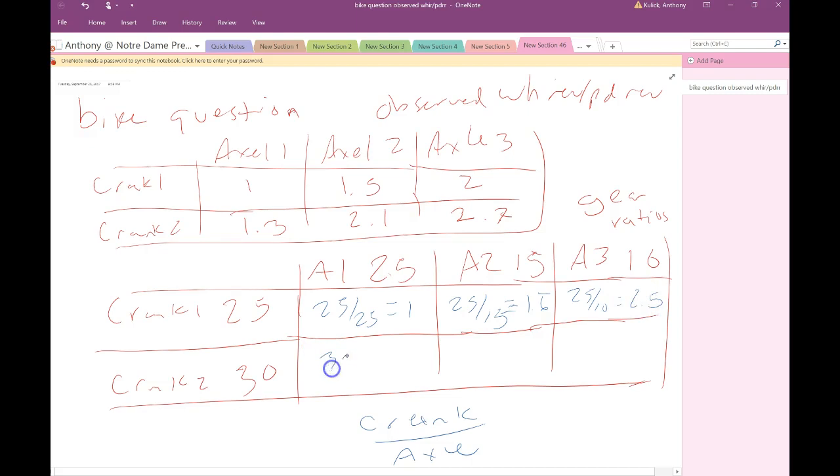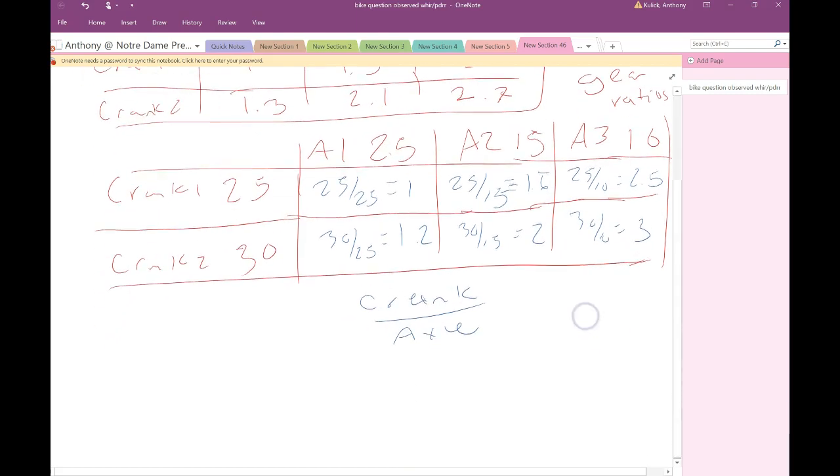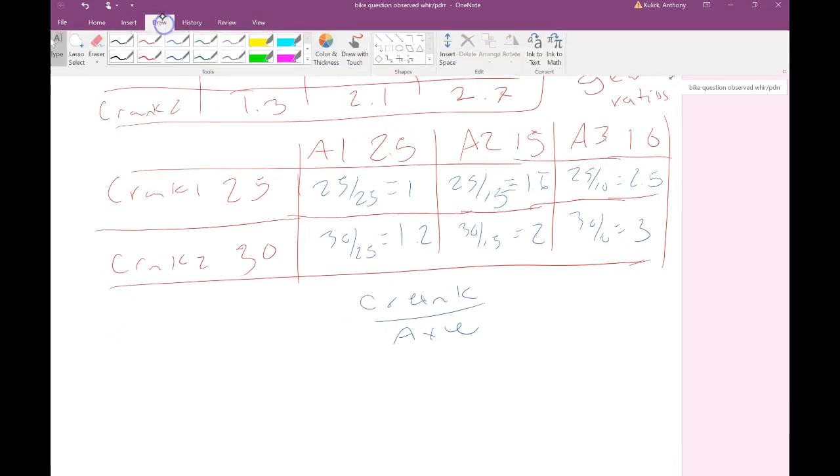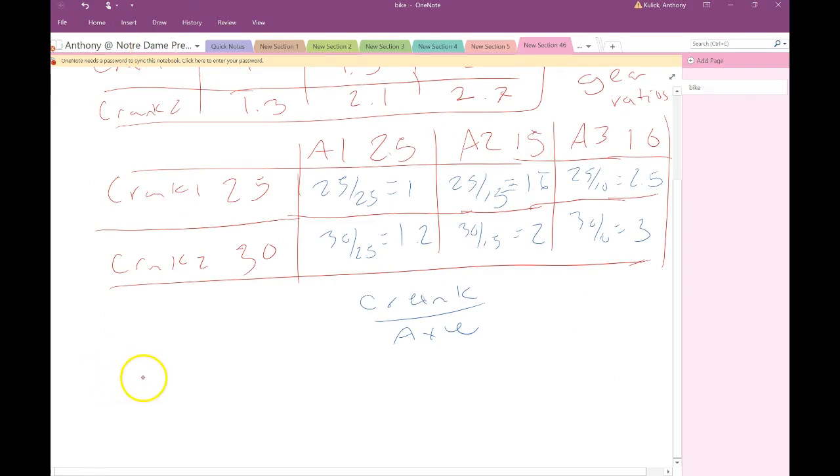And then 30 over 25, which would be 1.2. Then 30 over 15, which would just be 2. And then 30 over 10, which was 3. So that's one thing I could possibly ask you to do. Okay with that, Bridget? You could do that.